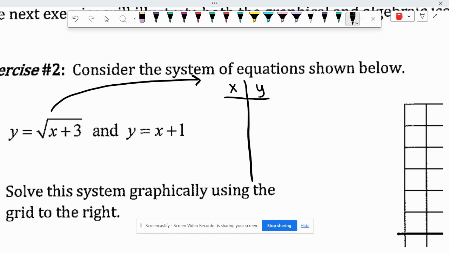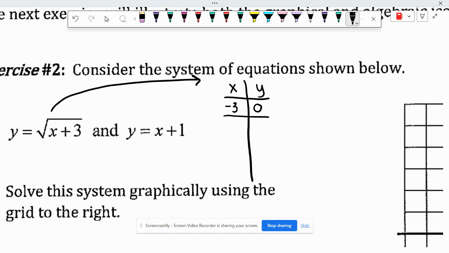If x is negative 3, what is the value of y? Well, negative 3 plus 3 is 0, and the square root of 0 is 0.